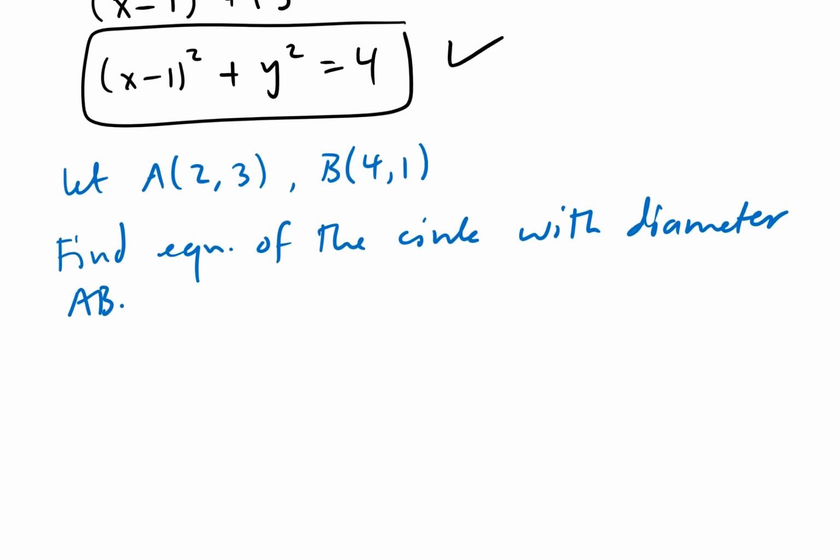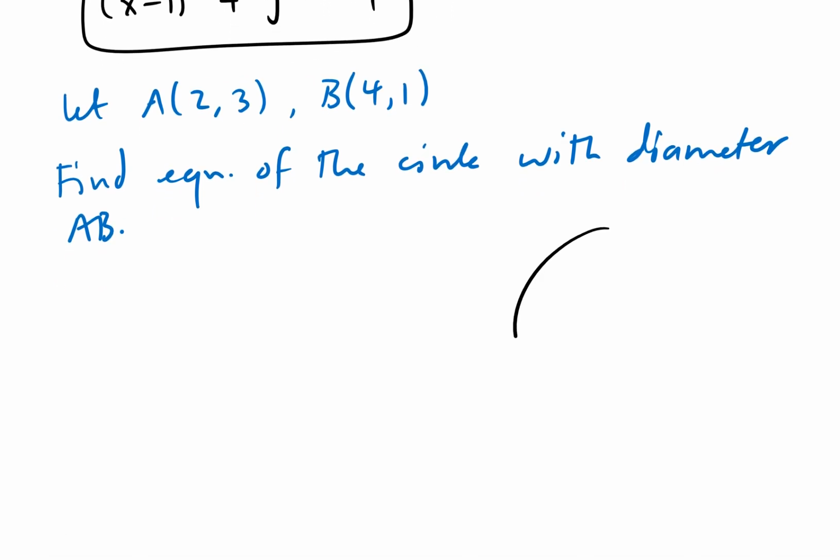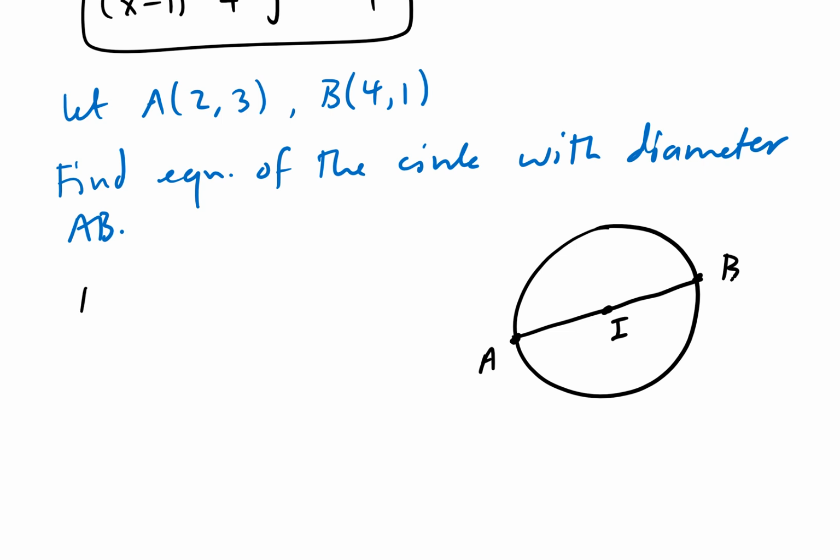So you draw it randomly. Say I is the center. So this is 2 comma 3 and this is 4 comma 1.